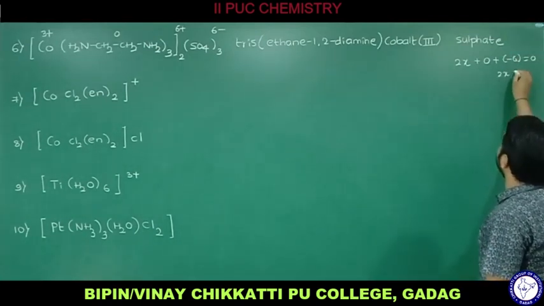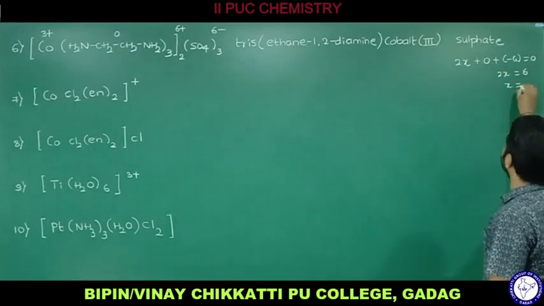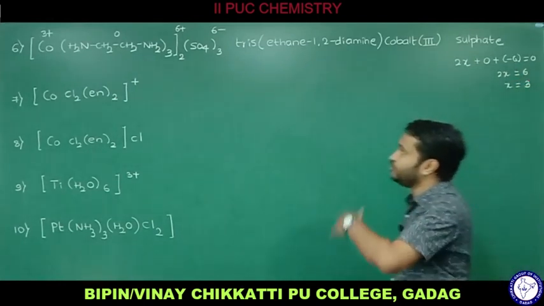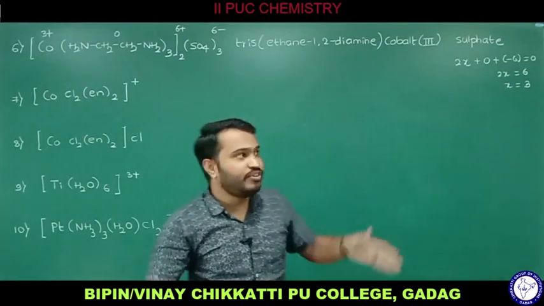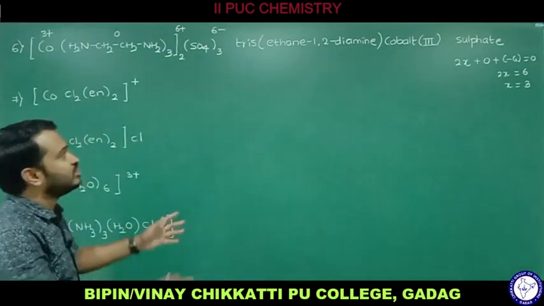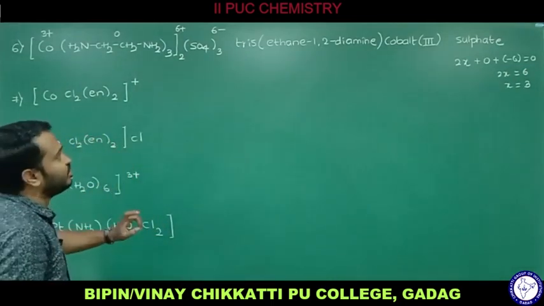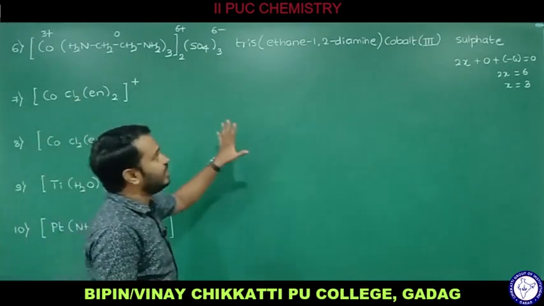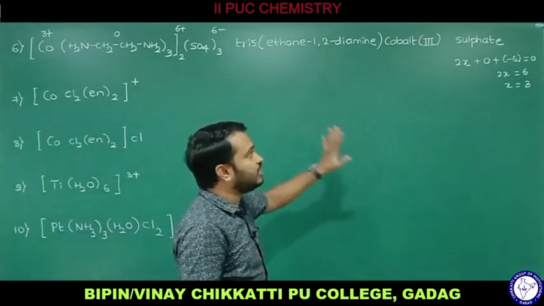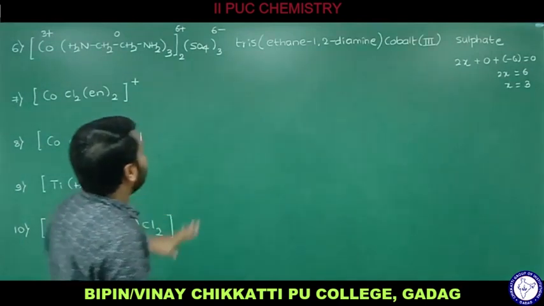Then 2x is equal to 6 and x is equal to 3 plus, therefore 3 plus will be the oxidation number. So if you didn't get it directly, you can solve it somewhere and then write the oxidation number directly. Try to know: tris(ethane-1,2-diamine)cobalt(III) sulfate, since it is a cationic complex.